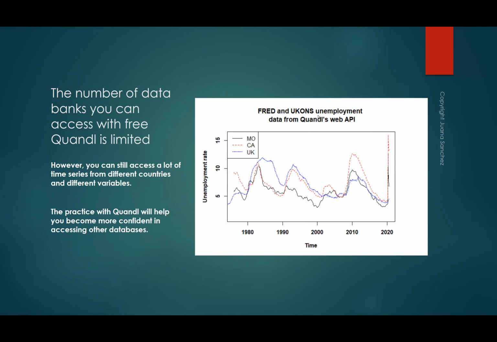For example, I created this plot with R after I accessed the Missouri unemployment rate, the California unemployment rate, and the United Kingdom from the UONS database. I got Missouri and California from FRED, and I got the UK from the UONS. And then because I made it the TS class, I was able to use the R routines for the TS class object.